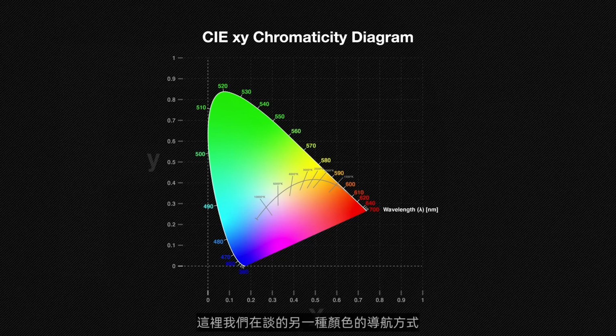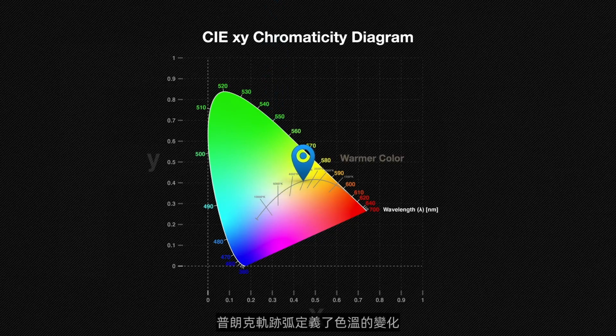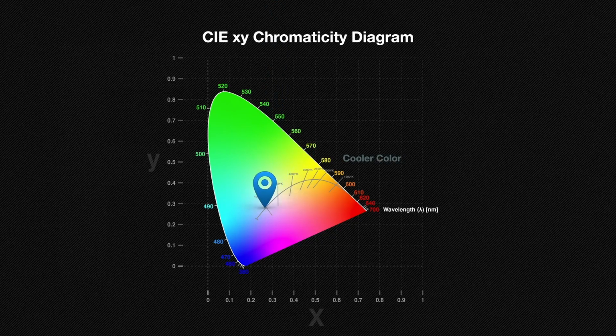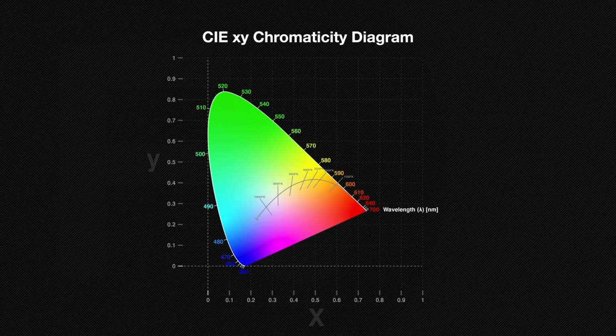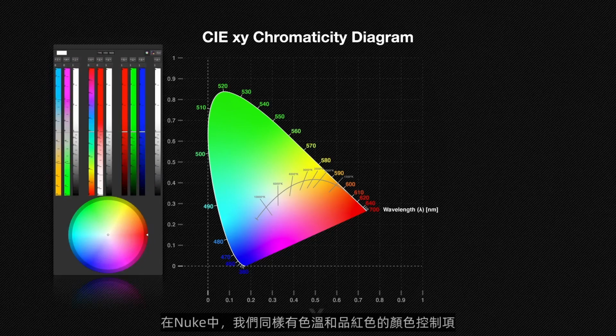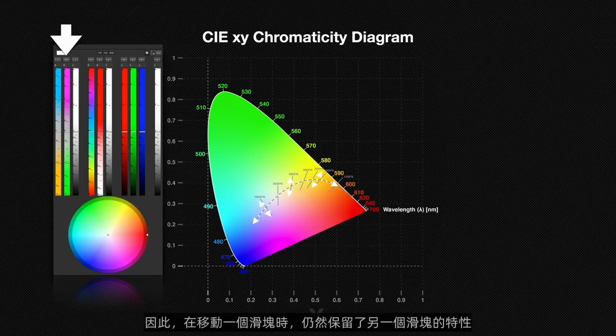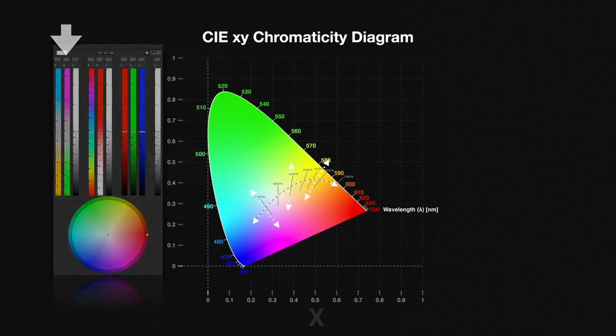We are talking about another way of navigating color, using temperature and magenta. The Planckian locus arc defines the changes in color temperature, while moving in the direction of the isotherm lines will affect the magenta component while preserving the color temperature. In Nuke, we have color controls for the temperature and the magenta, so by moving one slider, you still preserve the characteristic of the other.